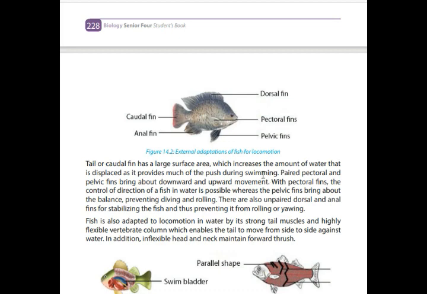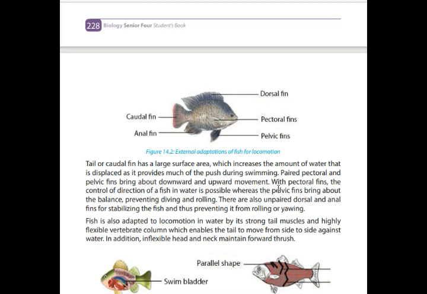There are also a paired dorsal and anal fin. Anal fin for stabilizing the fish and thus preventing it from rolling or yawing.